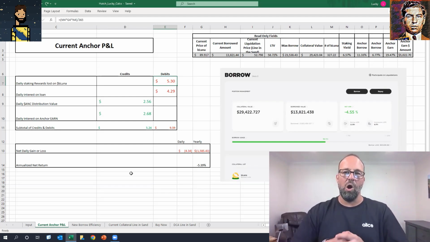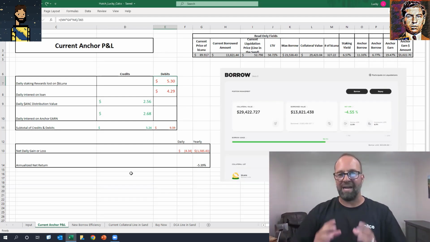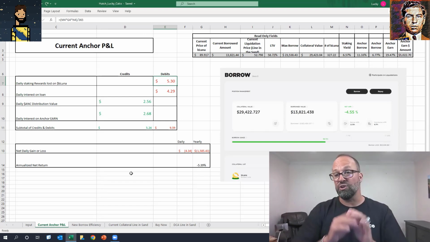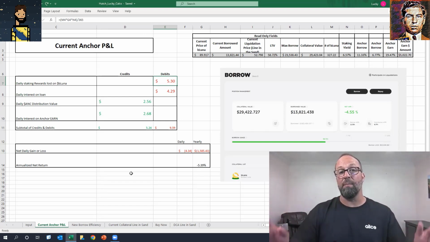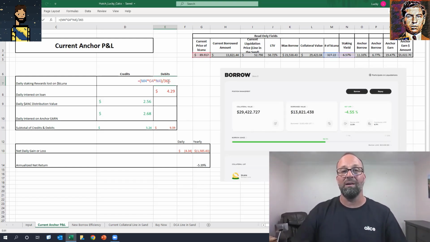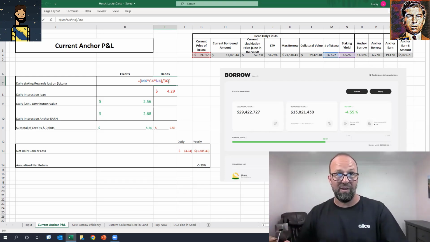So you always have to factor in the cost of that money. And if you had never done this strategy and you just kept bLUNA in your wallet, remember, you'd be earning 6.57% on that bLUNA amount. And what it's showing you is you're not getting that $5.30 anymore because of how much you have collateralized.